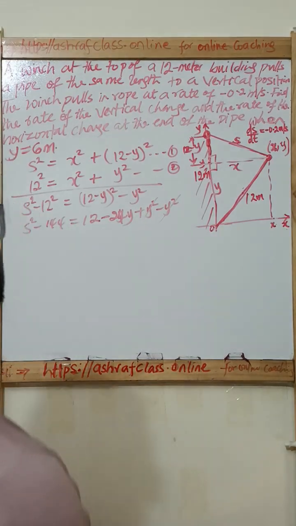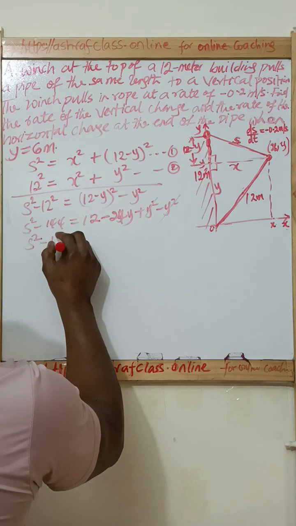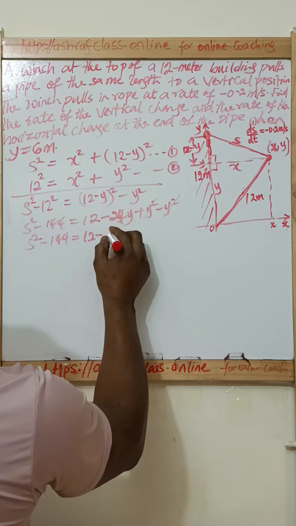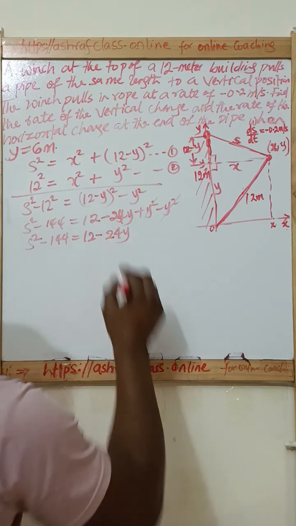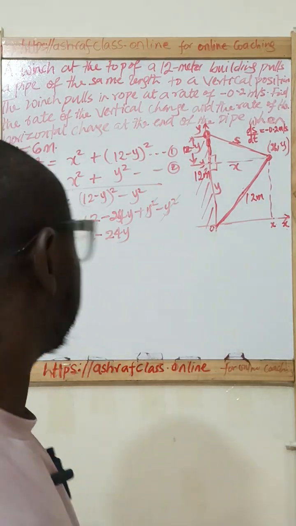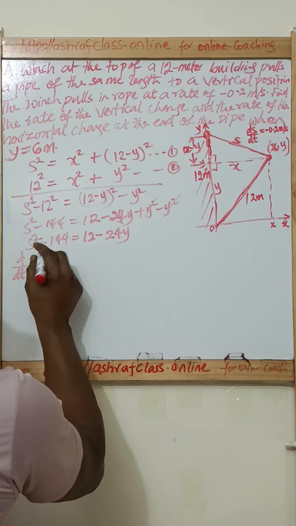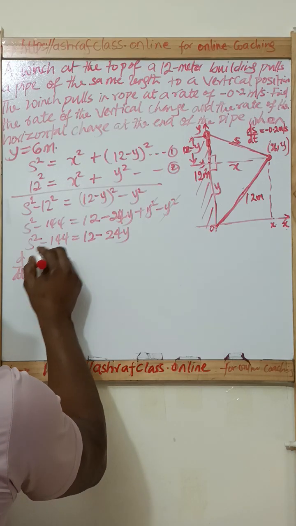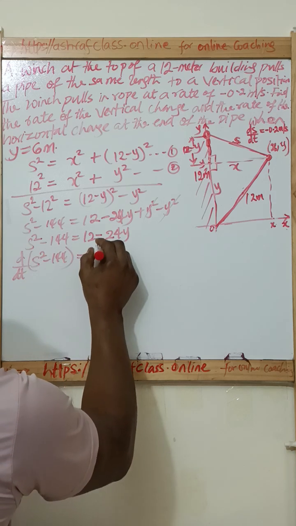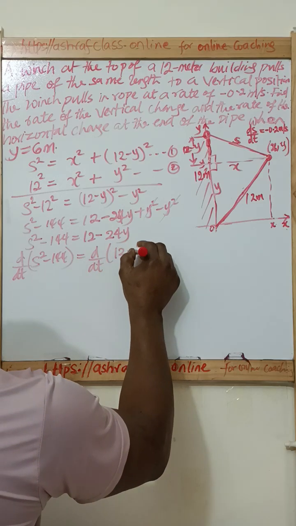From here we have s squared minus 144 equals 144 minus 24y. So we can differentiate this: d/dt of the left hand side, s squared minus 144, and d/dt of the right hand side, 144 minus 24y.